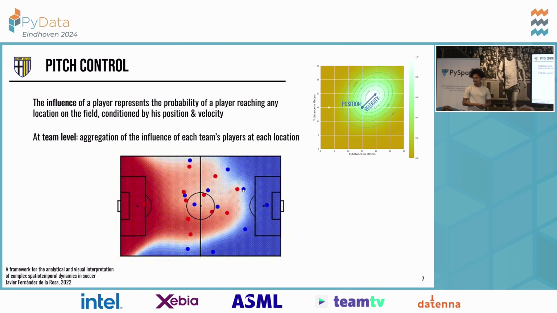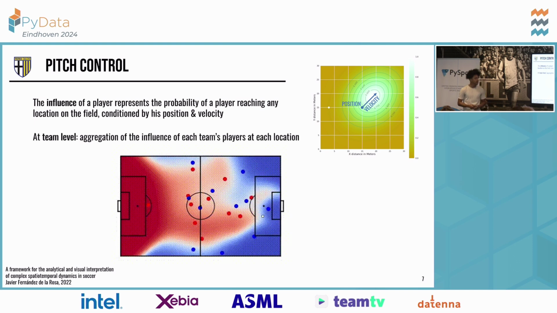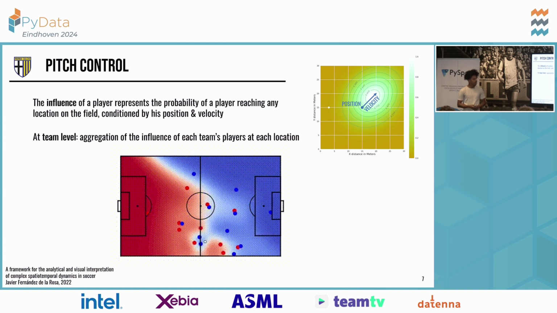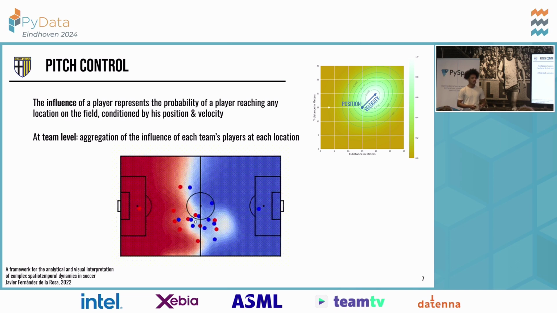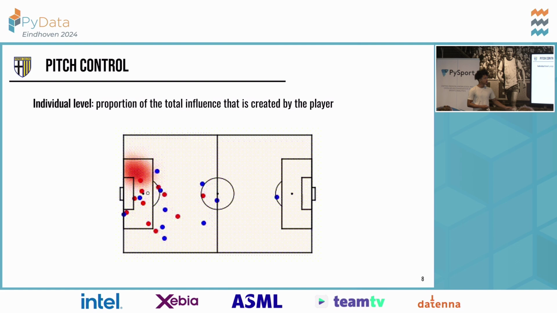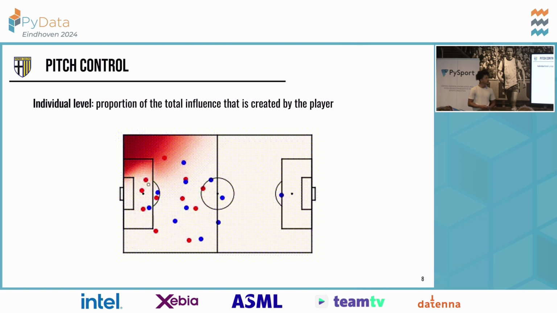And if we aggregate this at team level, we get something quite nice that we call pitch control. And this is what team controls what area continuously during the game. And this can either be analyzed at team level or at individual level.